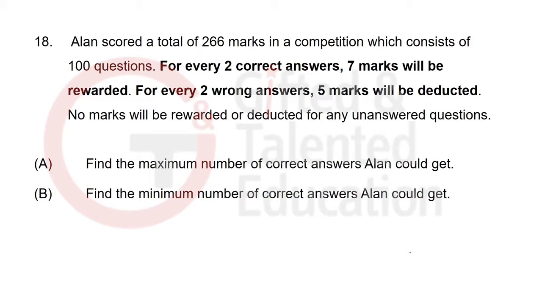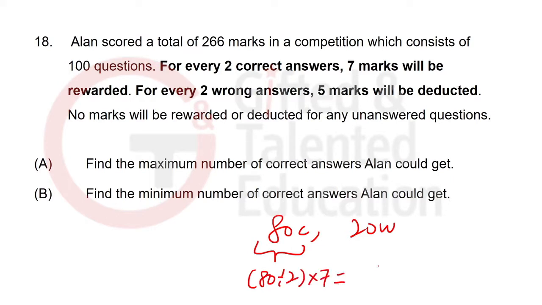Let us further test our understanding of the problem. Suppose Alan answered 80 questions correctly and 20 questions wrongly. So what would be his total score? For the 80 questions answered correctly, the marks rewarded would have been this, which gives us 280.